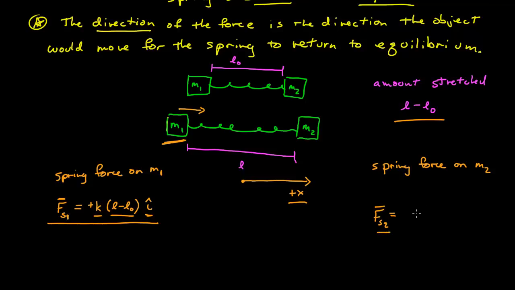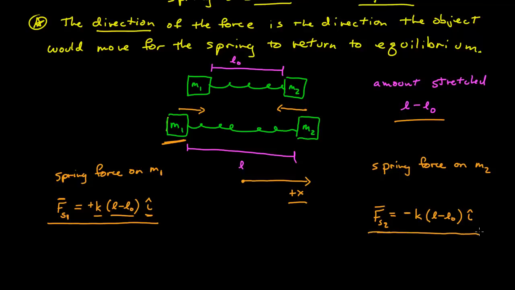So the magnitude of the force is equal to a constant that depends on the spring, and that's the same constant, times the amount that the spring is stretched or compressed, which is the same as before. Now, what direction does this force point? It points in the direction that the mass would have to move for the spring to return to equilibrium. Well, that is in that direction, which, given my coordinate system, is the negative x hat direction.